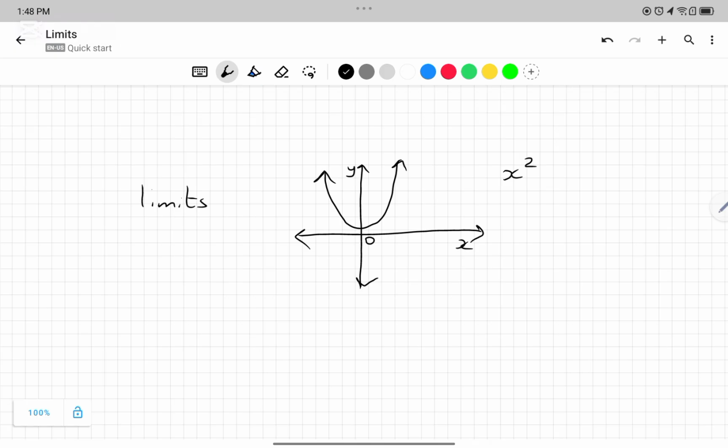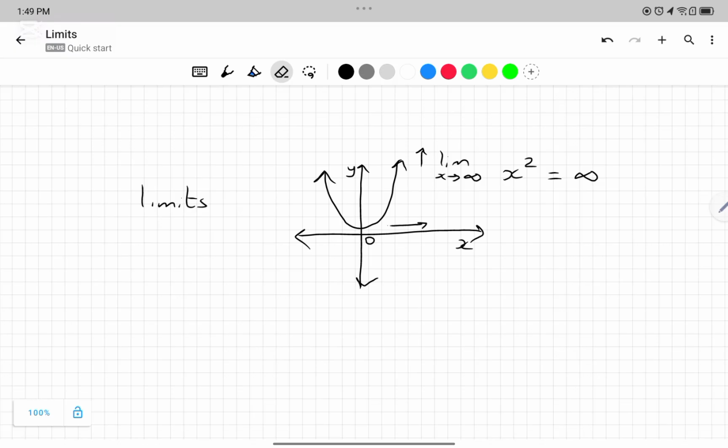So if I was to limit this function as x approaches infinity, then x goes towards infinity and y, or the function itself, goes towards infinity, right? So in the most basic sense, that's what limits are.